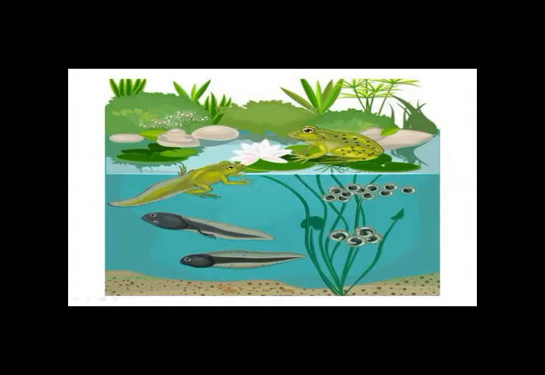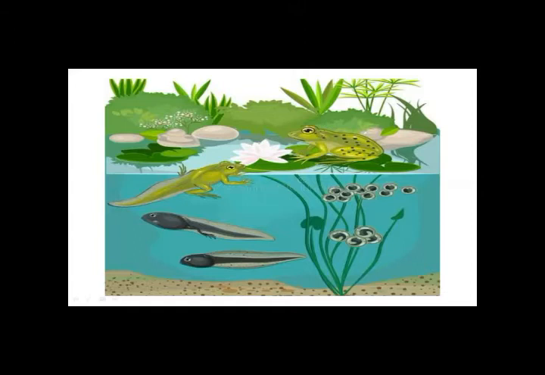But did you notice one thing? Yes, the tail. The tail became smaller, then eventually disappeared. Okay, why did the tail disappear in the adult frog? Yes, because it had now grown up.